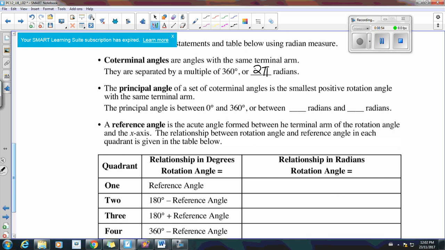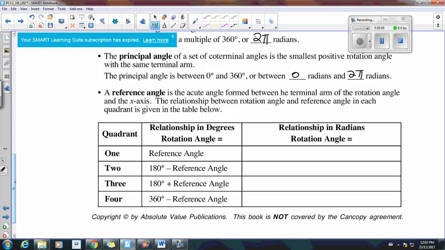The principal angle of a set of coterminal angles is the smallest positive rotation angle with the same terminal arm. The principal angle is between 0 and 360, or between 0 and 2 pi. A reference angle is the acute angle formed between the terminal arm of the rotation angle and the x-axis. The relationship between the rotation angle and reference angle in each quadrant is given in the table below.